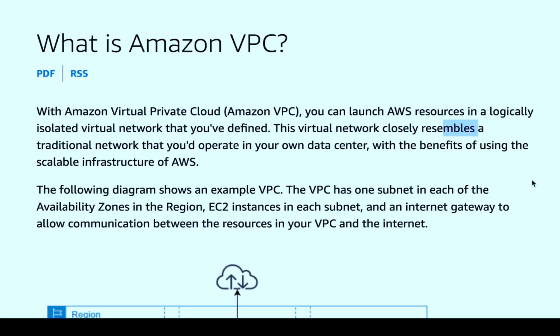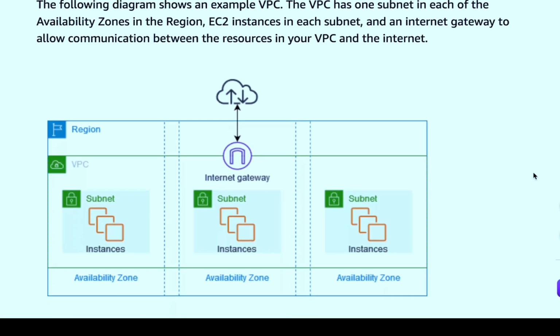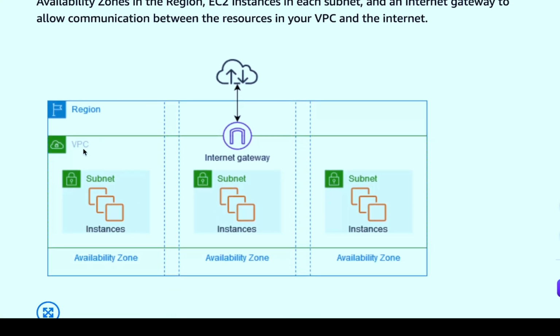The following diagram shows an example VPC. The VPC has one subnet in each of the availability zones in the region, an EC2 instance in each subnet, and an internet gateway to allow communication between resources in your VPC and the internet. So that's a really interesting take here. They're basically defining what's in this diagram.